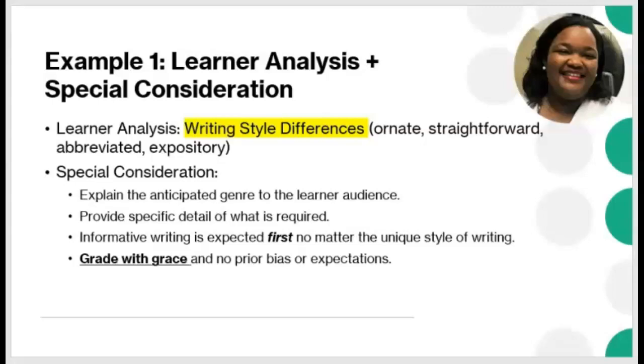I may know that student X is very abbreviated and might not have 20 pages, while student Z is an ornate writer, and so I can anticipate a 36-page paper because that's what they're going to do. I grade with grace because that doesn't make student Z better than student X. It makes them different, yet not deficient.